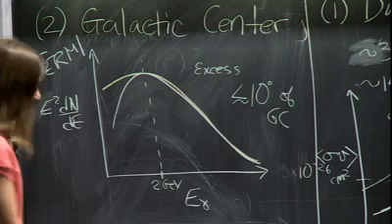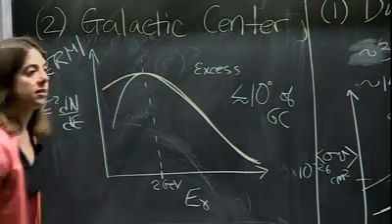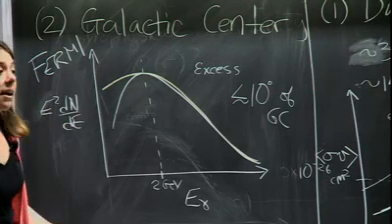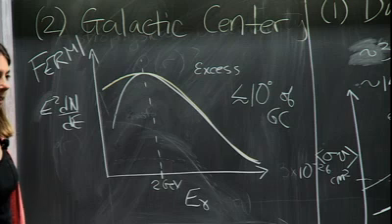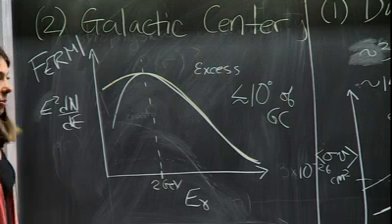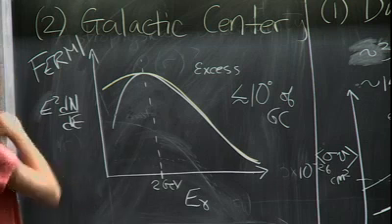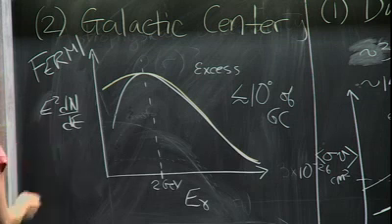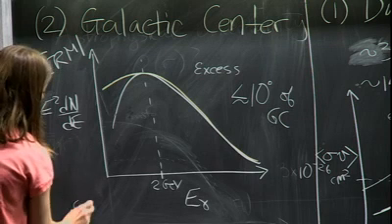I was just wondering, so I know background subtraction is also really important for direct detection. So could you compare the challenges for the two? Oh yeah, that's a good question. So the backgrounds are very different between the two. In this case, most of the backgrounds are coming from cosmic rays.